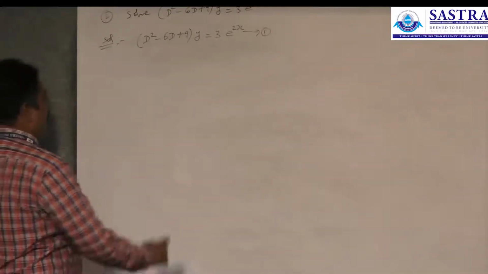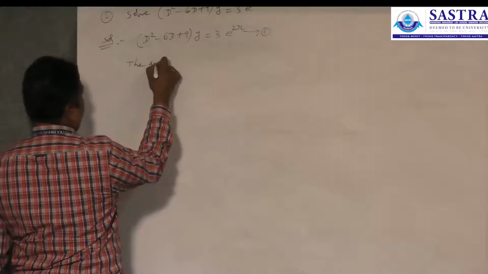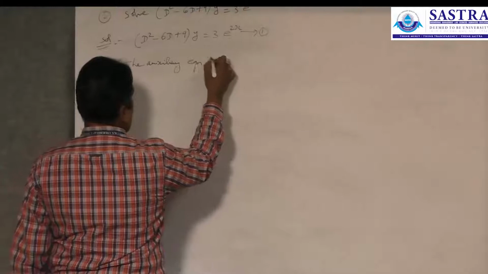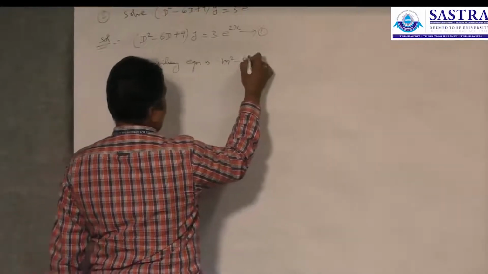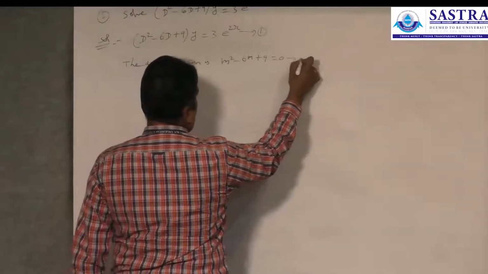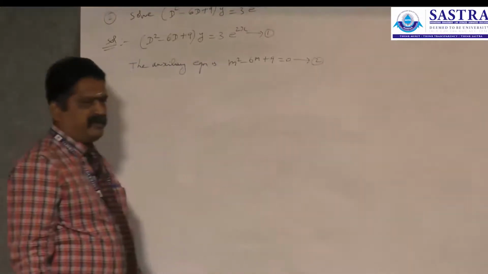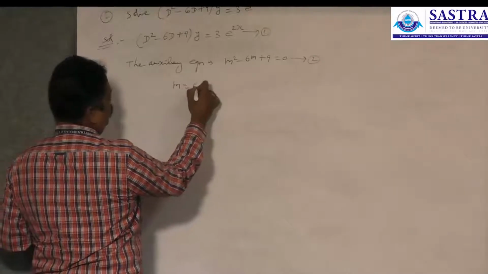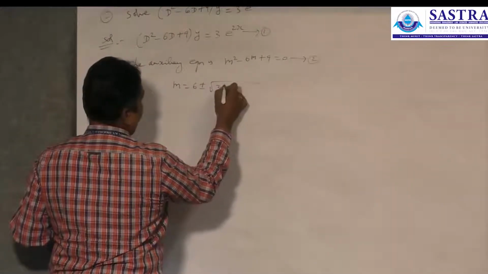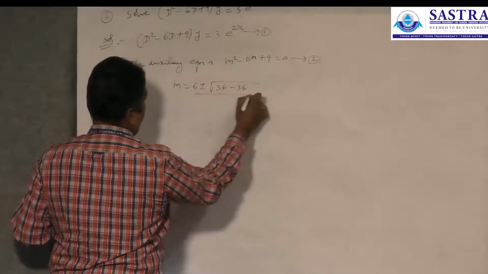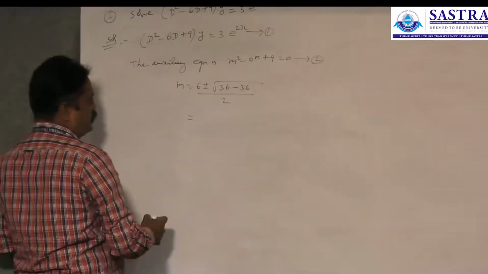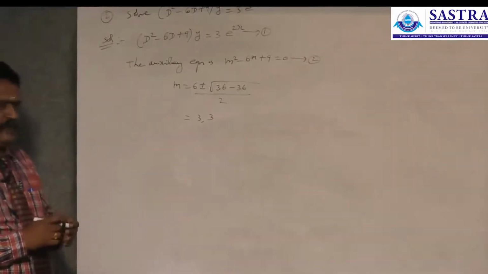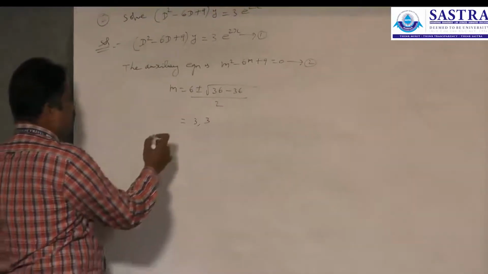Write down the auxiliary equation. The auxiliary equation is m square minus 6m plus 9 is equal to 0. Now let us solve this auxiliary equation. m is equal to minus b plus or minus root of b square minus 4ac divided by 2a, which is equal to 6 plus or minus 0 by 2, so m comes out to be 3, 3.